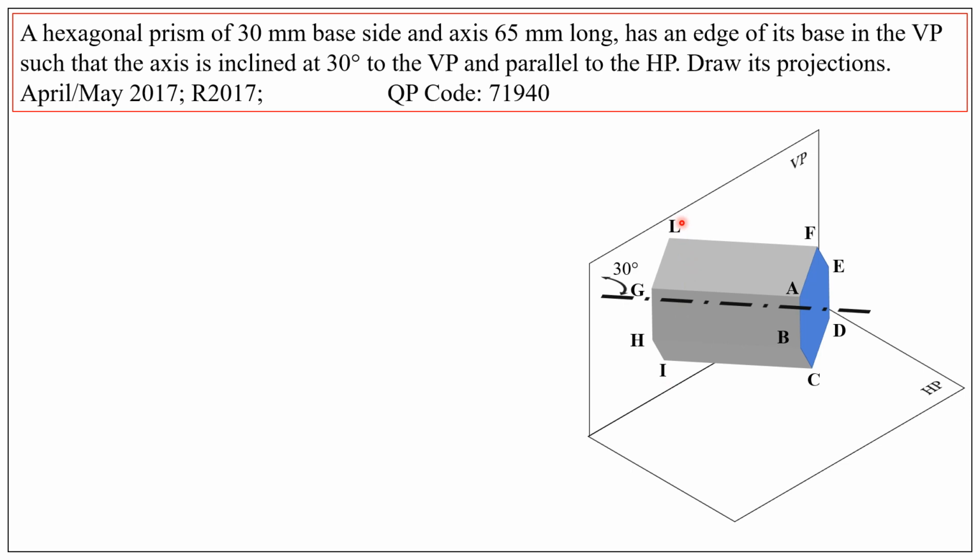Where are the remaining 2? J, K. So J, K are invisible. Right now, you may not be able to clearly visualize where this point J and K are present.